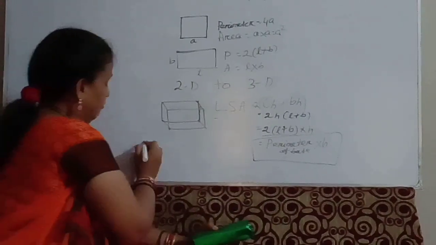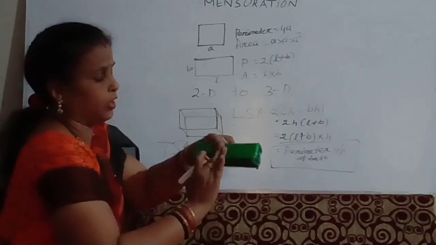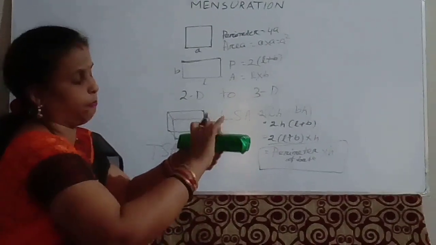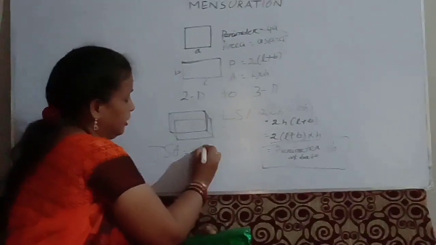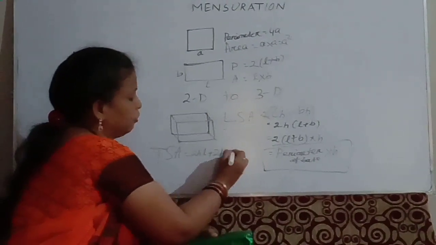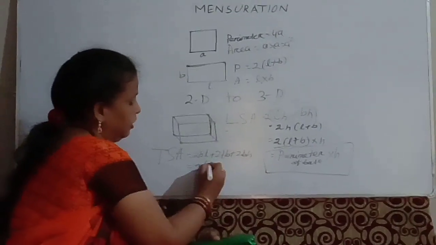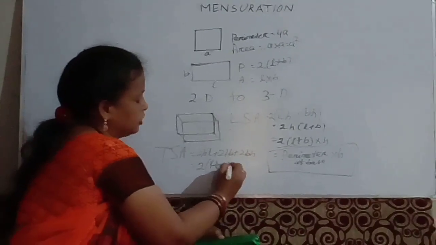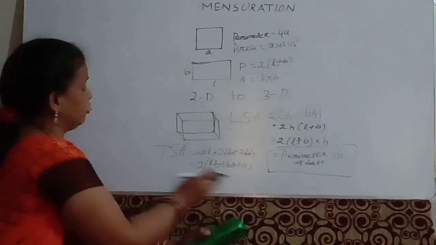Similarly, whenever you find the total surface area, you add the upper and lower surfaces. So you add 2HL, 2LB and 2BH, or you can take a common 2 as 2 into LB plus BH plus HL. This is the formula. Then you have to find the volume.